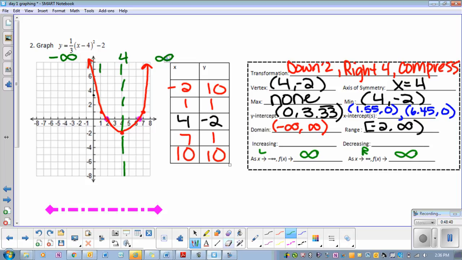Good. And then 4 to infinity? Increasing, right? Do you guys notice how if one side is decreasing, the other one's increasing? Or if one side is increasing, the other one has to be decreasing, right? So, increasing from 4 to infinity, decreasing from negative infinity to 4.